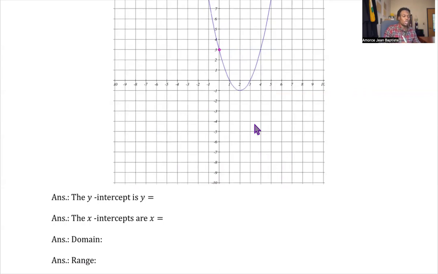So whenever you are looking for the y-intercept, the x value is zero, and you give this element as an ordered pair.